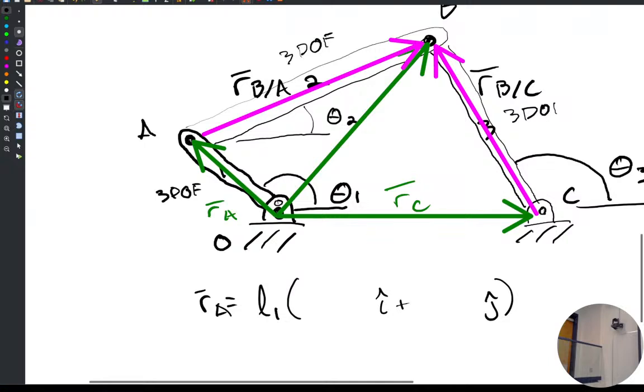Yeah, so that is RA. That one is the actual vector.